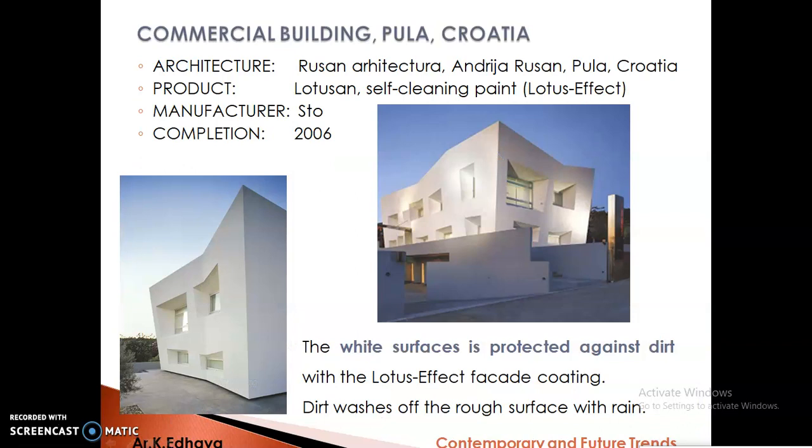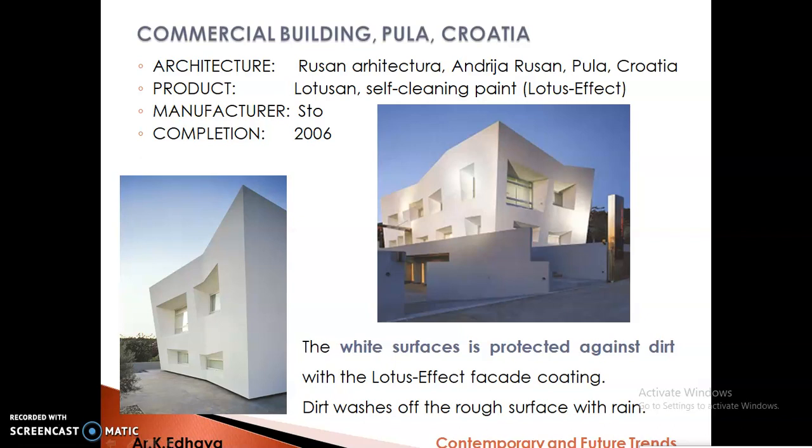Then the second building is the commercial building in Pula, Croatia. This is by Russian architecture, and the product used is Lotus self-cleaning paint, again by the same manufacturer. This is a lighting design product manufacturer's building.